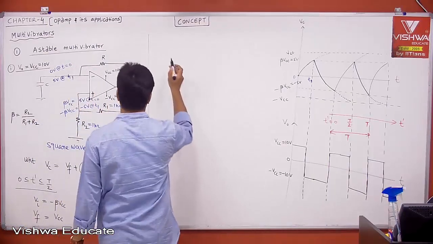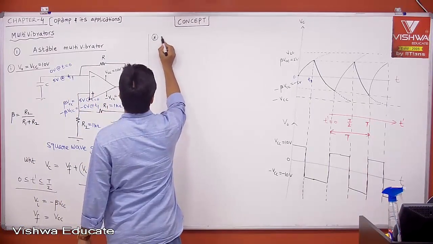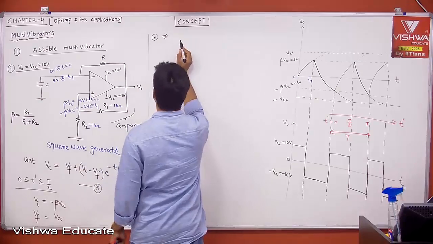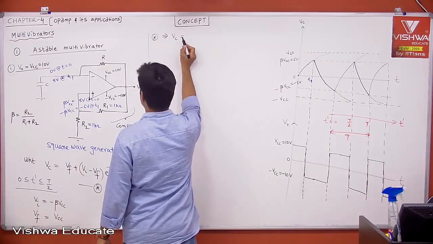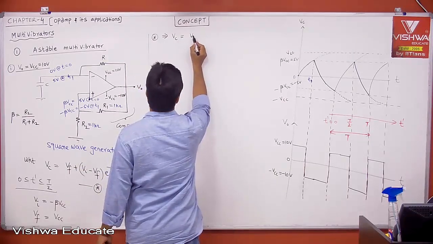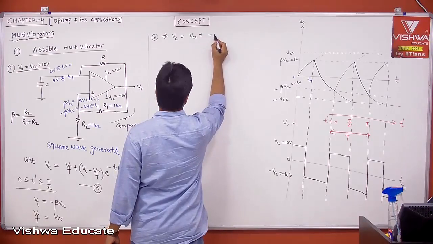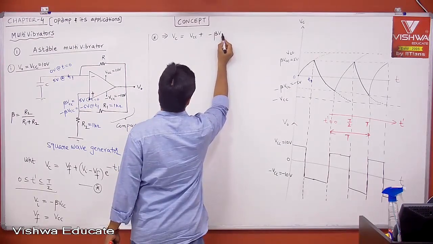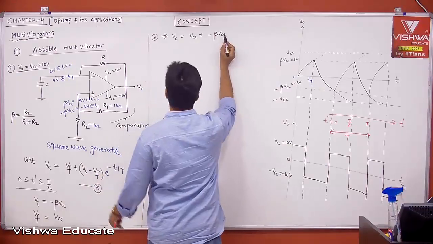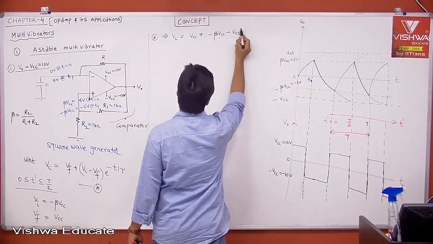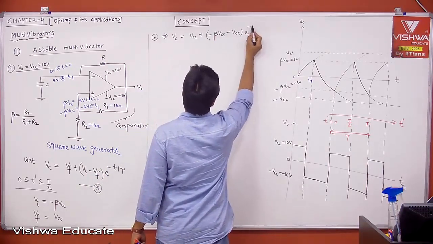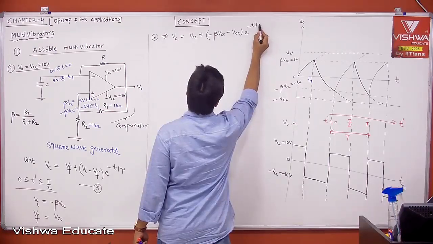So for now, tell me, star implies the voltage across the capacitor Vc is equal to V final, Vcc, plus initial, minus beta Vcc, minus V final, minus Vcc, into e to the power of minus t dash divided by RC.